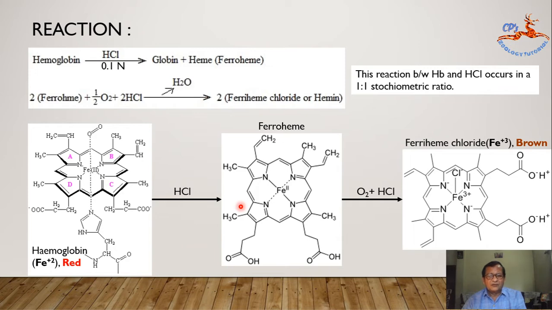Now we should know how the reaction occurs between hemoglobin and hydrochloric acid. Hydrochloric acid is taken in 0.1 normal solution. It is hypotonic in nature.